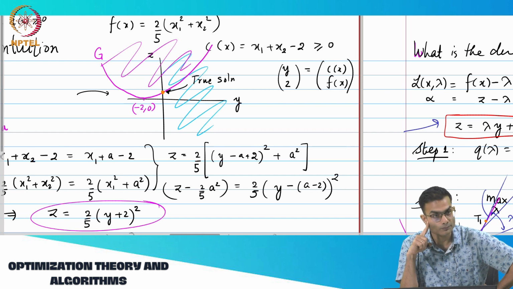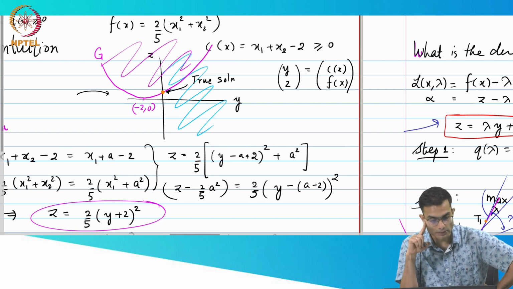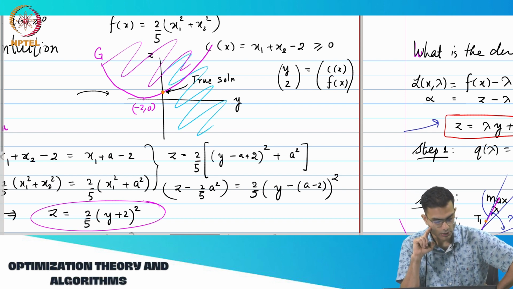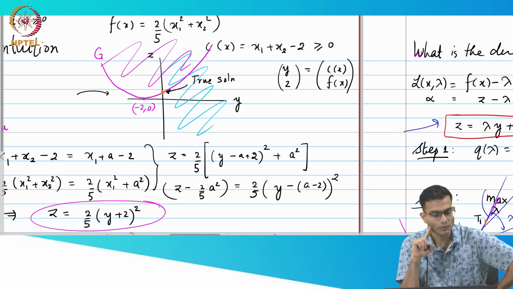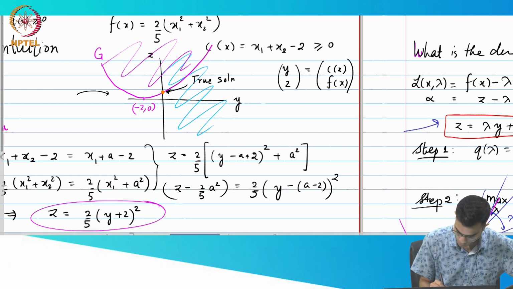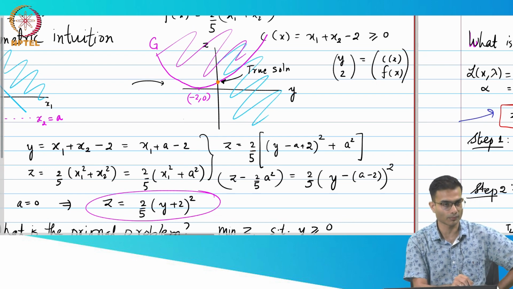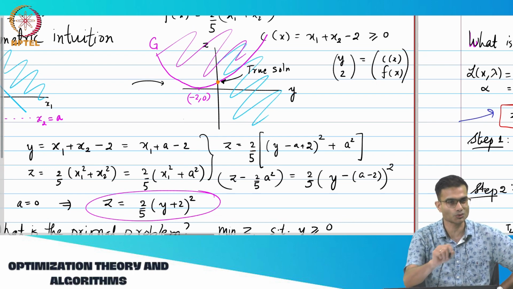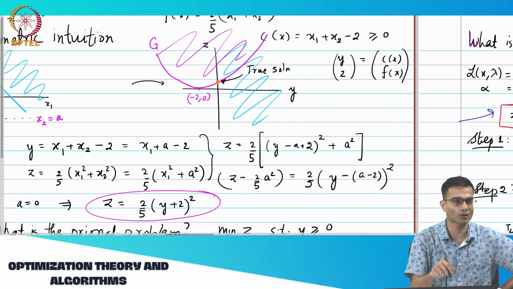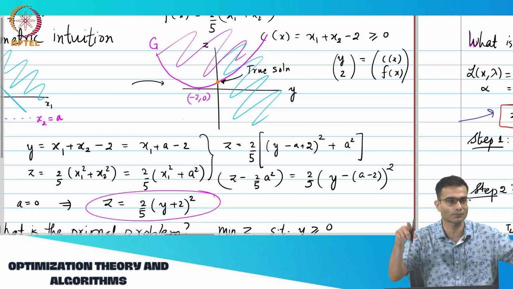So is it true that all parabolas will lie above this? Yeah, I mean you have to see growth wise 2a square by 5 will grow bigger than a, right? For like I can still find some values of a for which 2a square by 5 might be less than a. Oh, okay, I see the problem. No, so okay, so there's a little bit of confusion. This a equal to 0 line which I took is just to show, it's the simplest parameter of a to put inside for you to see it's a parabola.